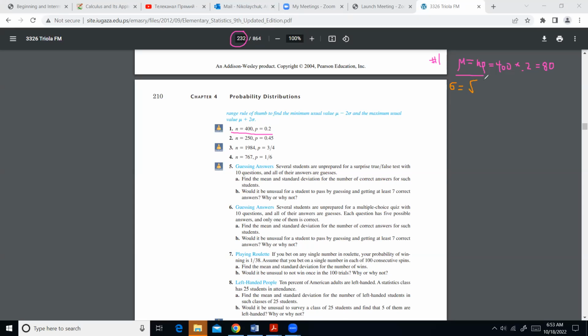I also can find the standard deviation. That's already not the question for the quiz. It's just another formula that we saw in that section.